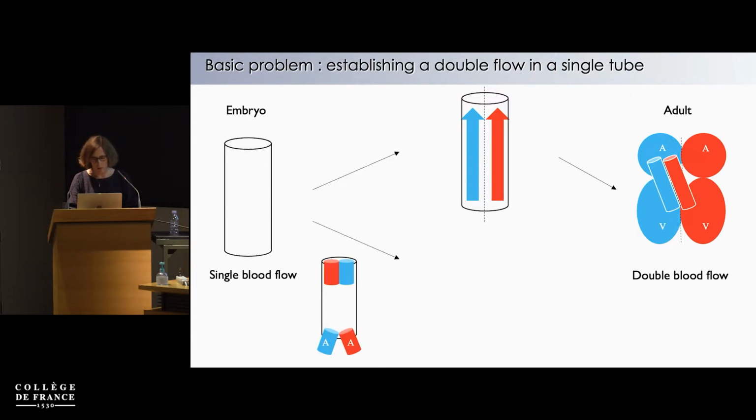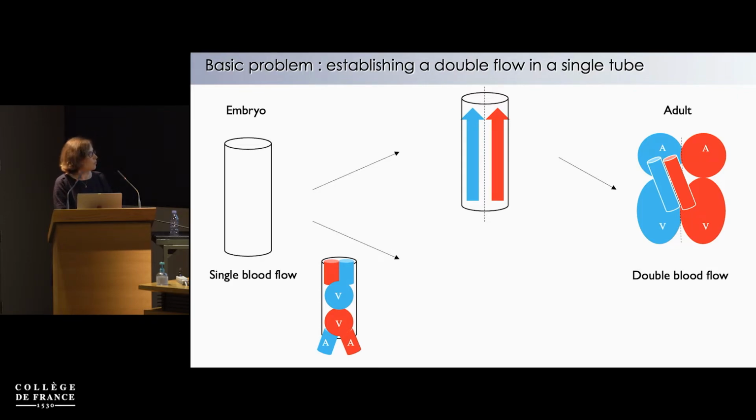This is a solution which is partly adopted in vivo, because when we track the cells of the different compartments of the heart, we find indeed that there is a bisection of the tube in the inflow and in the outflow. The problem comes with the ventricles, which arise in series rather than in parallel along the tube.